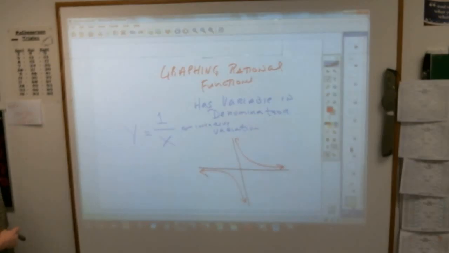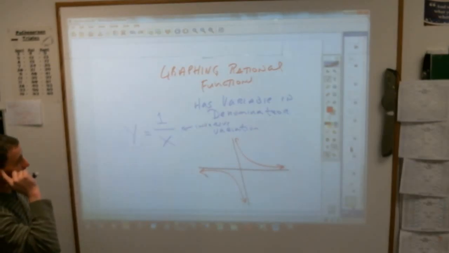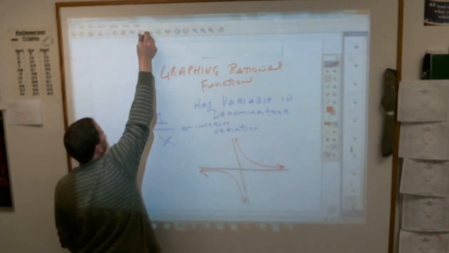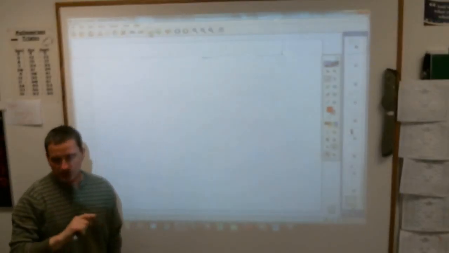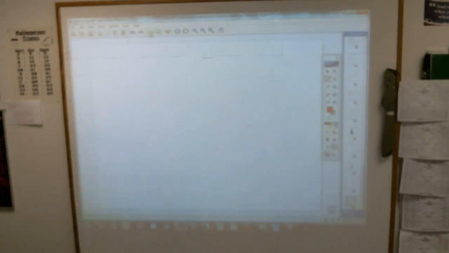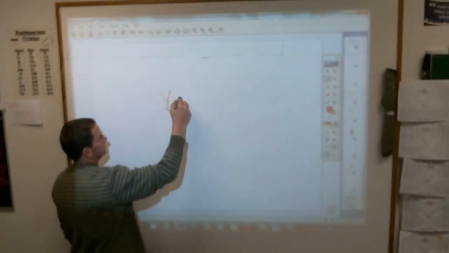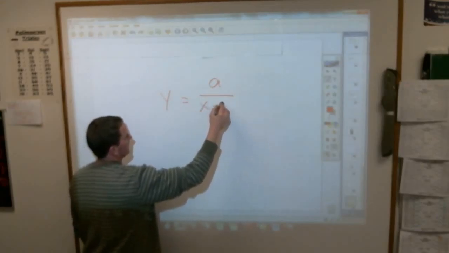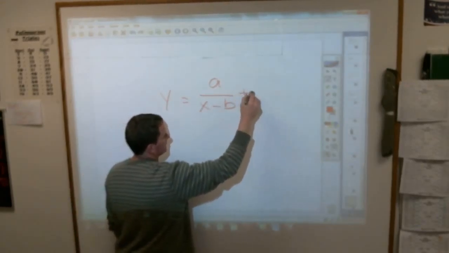Now, lest you think that's it, and we will graph one on the calculator in a second, here is what you must write down. That's the basic simple parent function. This is the more complicated, more exciting one: y equals a over x minus b plus c.